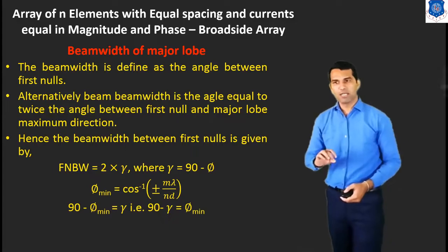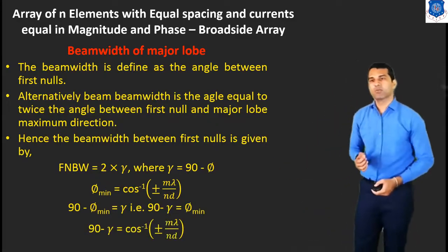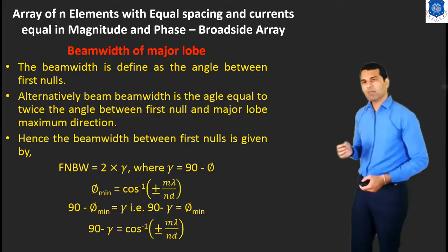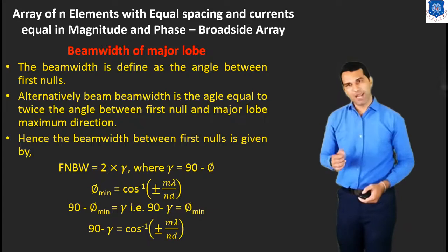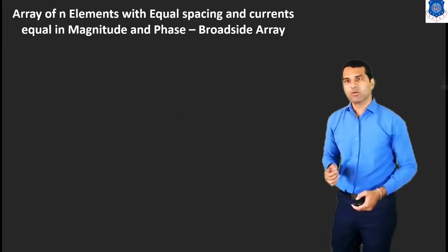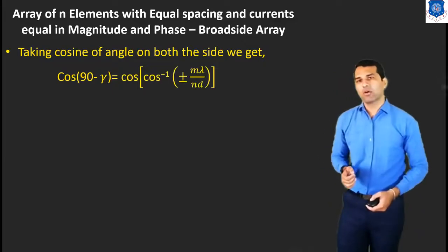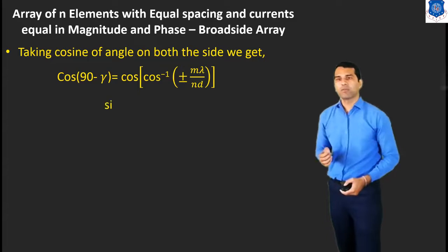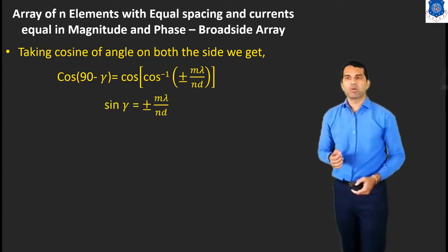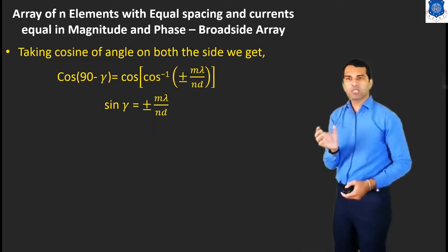So we can write that 90 minus γ is equal to φ minima. So we put here 90 minus γ equals cos inverse of plus or minus mλ upon nd. Now taking the cosine of the angle on both sides, cos(90 minus γ) is nothing but sin γ, and cos of cos inverse is cancelled.